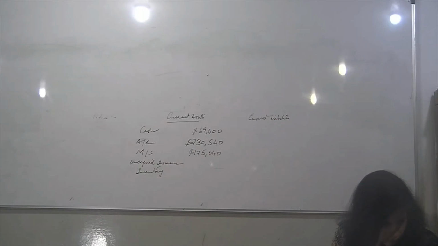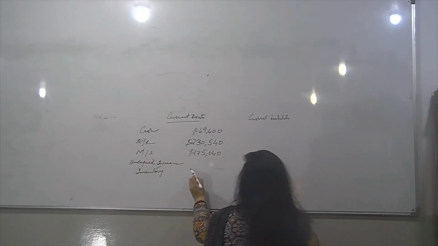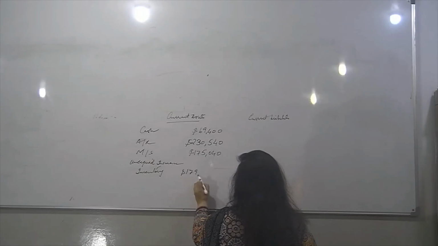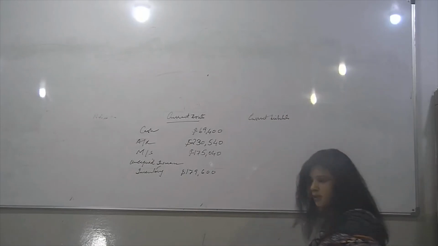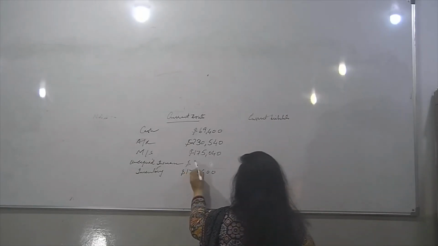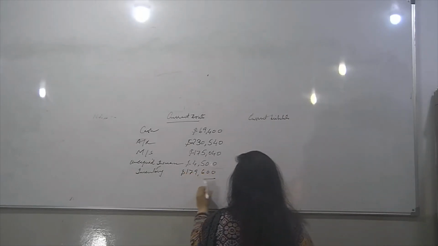So inventory is 179,600, and unexpired insurance as 4,500. And you can just simply add them up.